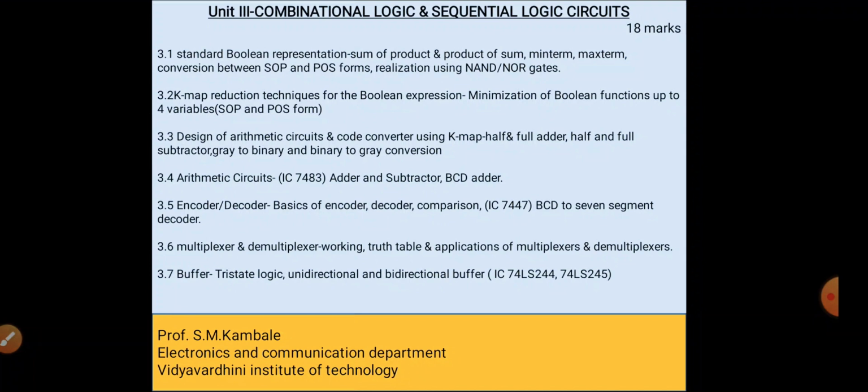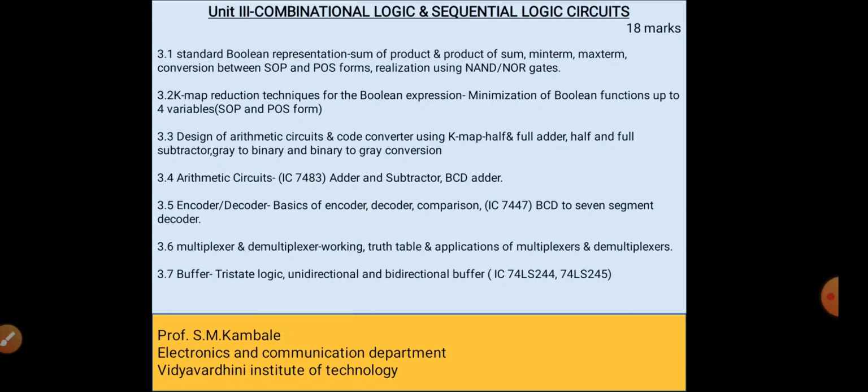There are types of multiplexer such as 2:1, 4:1, 8:1, 16:1 or 32:1 multiplexer. In the 2:1, 2 are the inputs and 1 is the output. In the 4:1 multiplexer, 4 is the input, 1 is the output. In the 8:1, 8 is the input, 1 is the output. In the 16:1, 16 is the input, 1 is the output. In the 32:1, 32 is the input and 1 is the output.